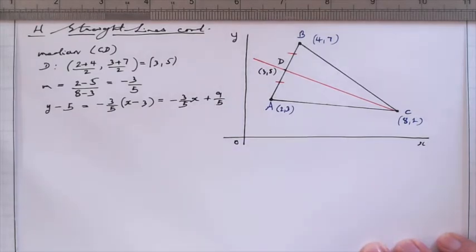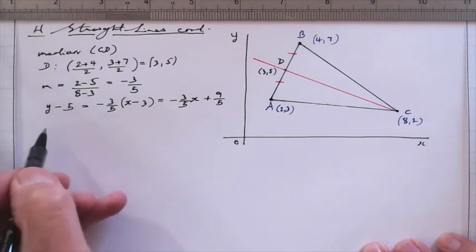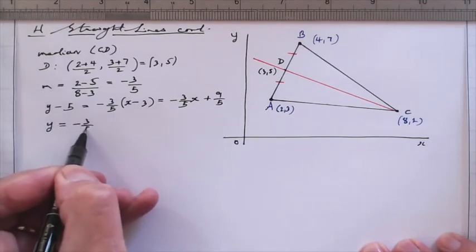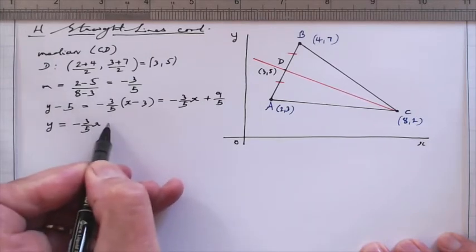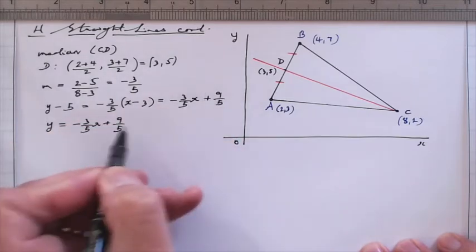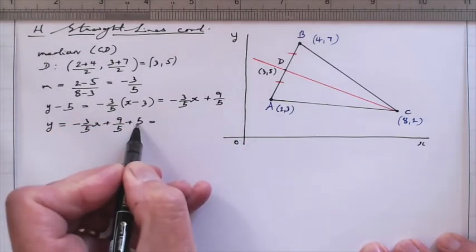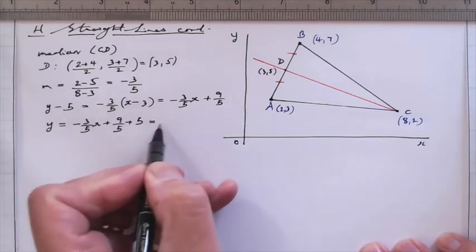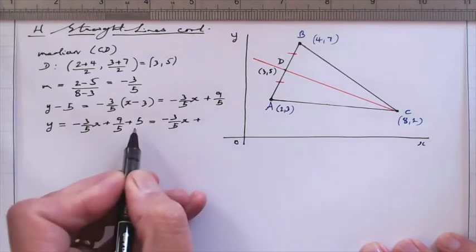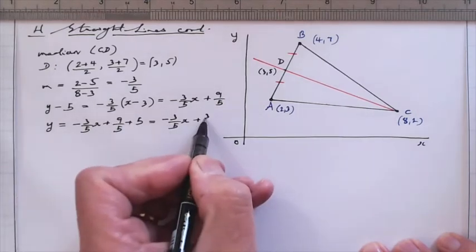So the equation of the straight line that is the median from C is y equals negative 3/5 x plus 9/5, and then take this negative 5 over, plus 5. And just thinking of 5 as 25/5, I can add these together very quickly. So I'll have minus 3/5 x plus 25 plus 9 is 34.